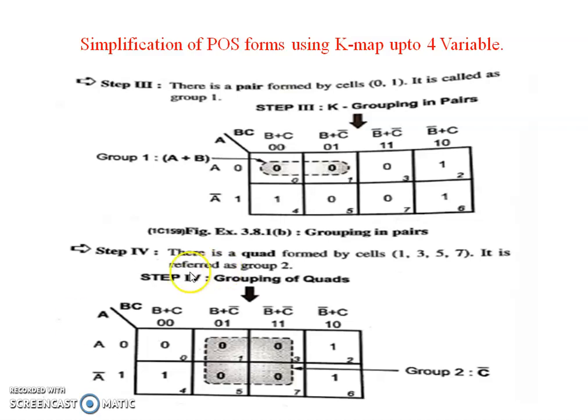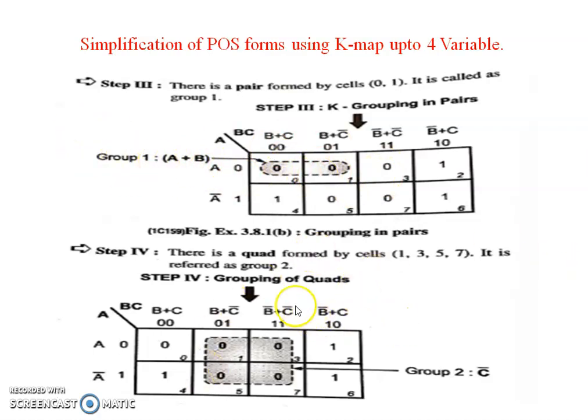It means cell number 0 and cell number 1 are one pair. Then cells 1, 3, 5, 7 are another group. For this first group, cell number 0 and cell number 1, you have to write down the Boolean expression. So A plus B is your Boolean expression for group 1.